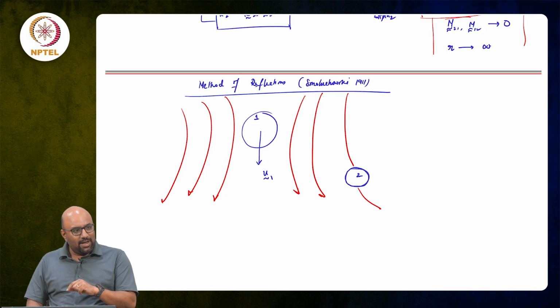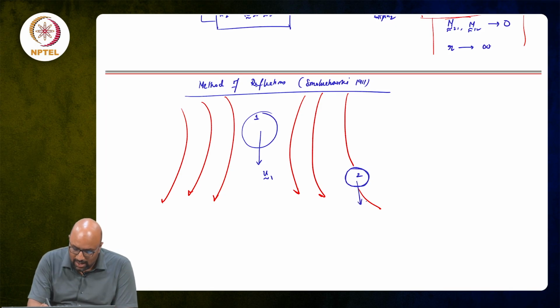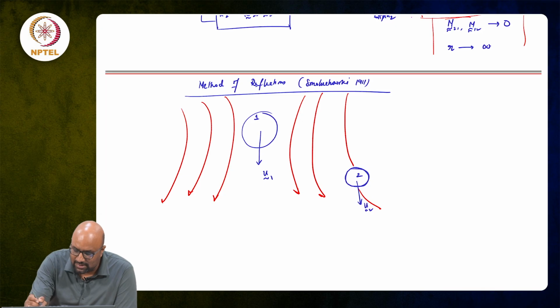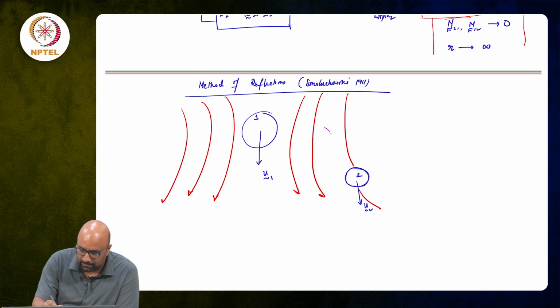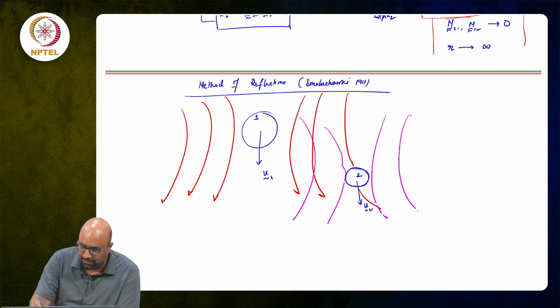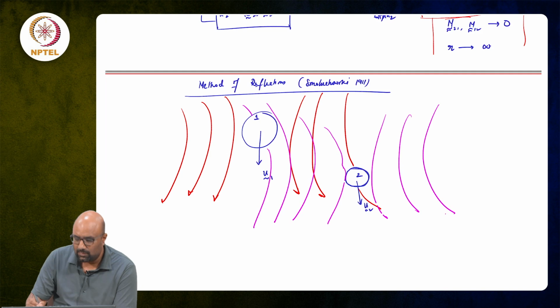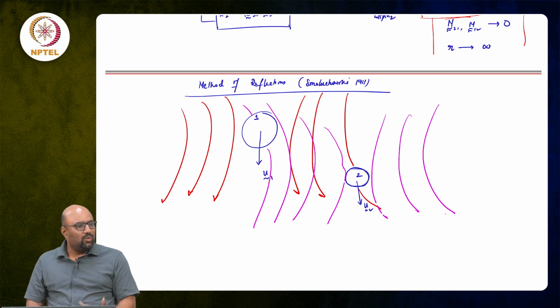In the same way, you can argue that when sphere 2 is moving, it creates its own velocity field in which sphere 1 is embedded.